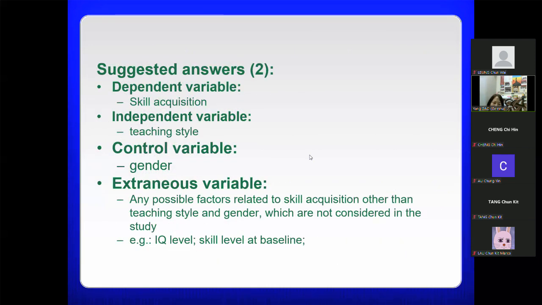In terms of the variables, the dependent variable is the skill acquisition. The independent variable is the 3 different teaching styles. Control variable: gender. The others you need to consider based on your knowledge, maybe the IQ level, or the students' individual skill level at baseline, which may all influence the outcome. So they could be the extraneous variables.